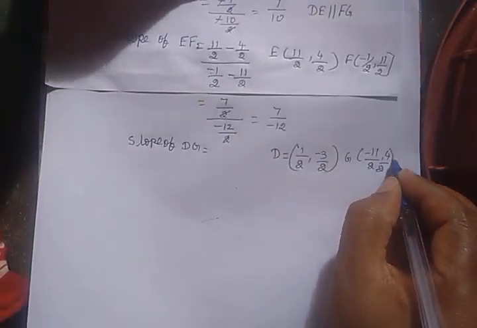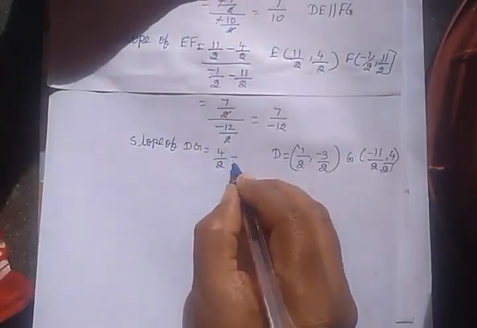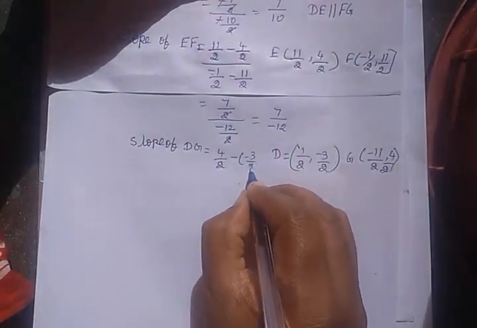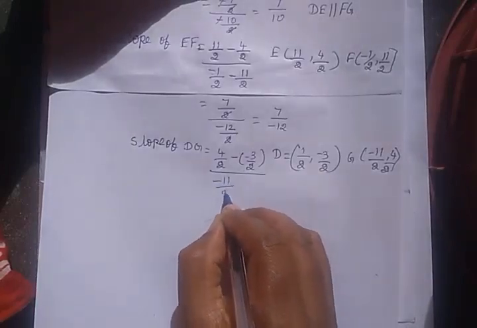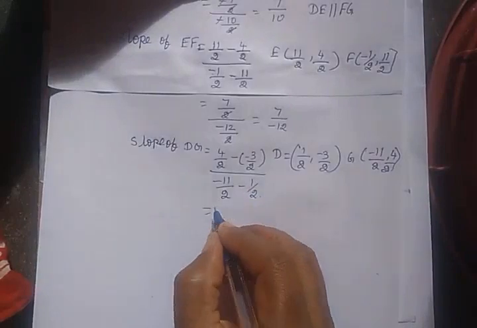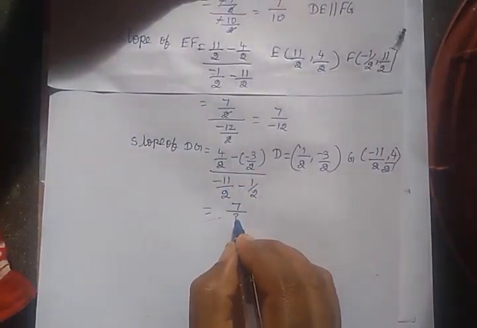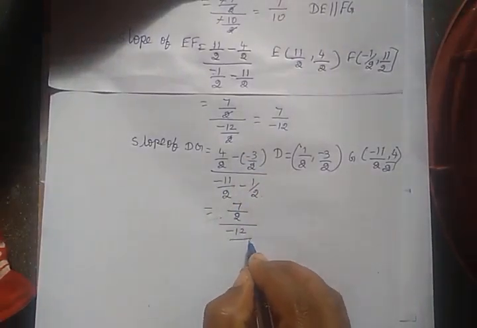So substitute the formula. y2 is 4 by 2, y1 is minus 3 by 2, x2 is minus 11 by 2, x1 is minus 1 by 2. So 4 minus of minus 3 is plus 3, so 7 by 2, by, both are minus, that is minus 12 by 2.